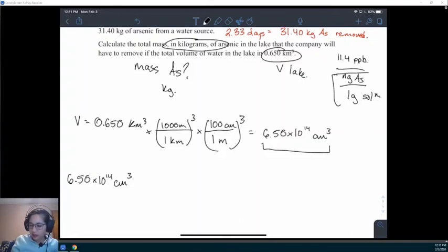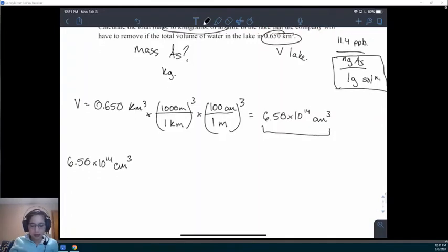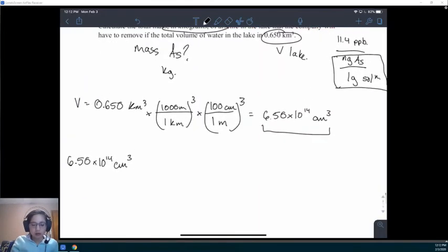The concentration is 11.4 ppb, nanograms of arsenic per 1 gram of sample. So right now, my sample is given in volume. I need to convert that to grams. I need to get from centimeters cubed to grams. So this is where the density of the lake water comes in handy. That will convert us from volume to a mass of our solution.